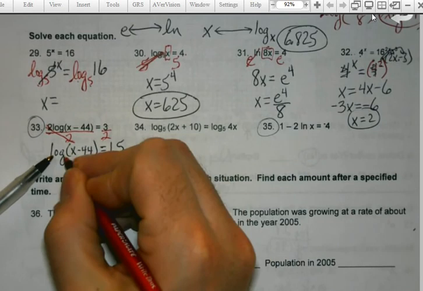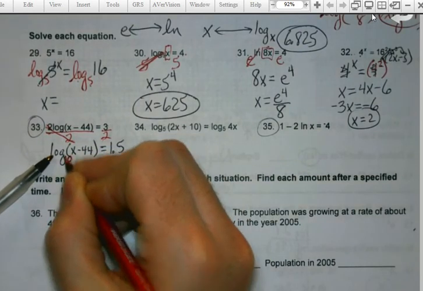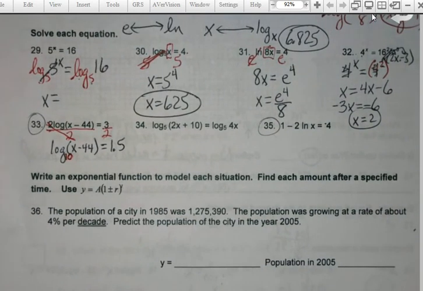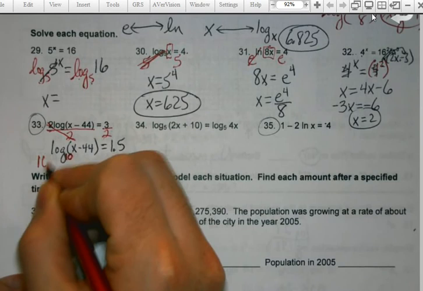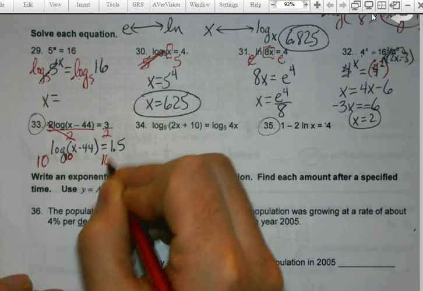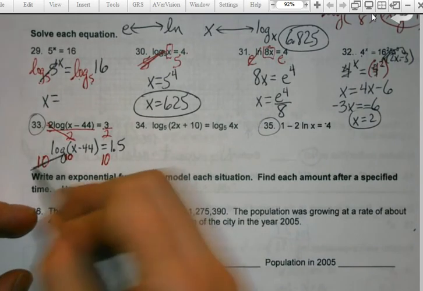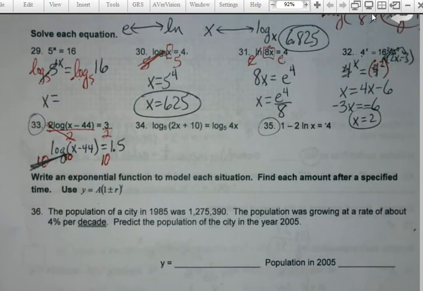Here, remember, if I don't see a subscript, a sub base, that's assumed to be 10. So similarly to what we did up in 30, I'm going to use a 10 to exponentiate what is going on. In other words, the 10 will take care of this log base 10.